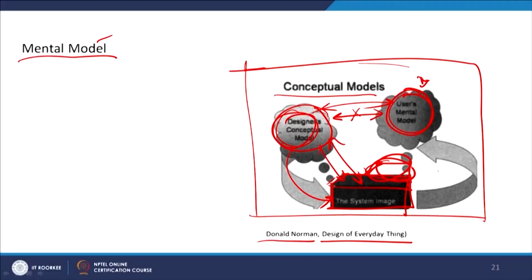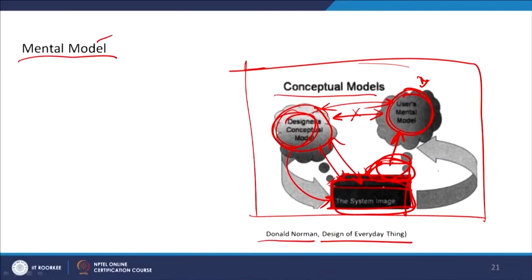A few people might like this new system, and that might come into their mental model, and a few people might stick to the old style of design. They might think the old design was better, and that will influence their mental model. And designers will always have to understand what their client is thinking, what is predominantly there within their mind, the mental model of the user.